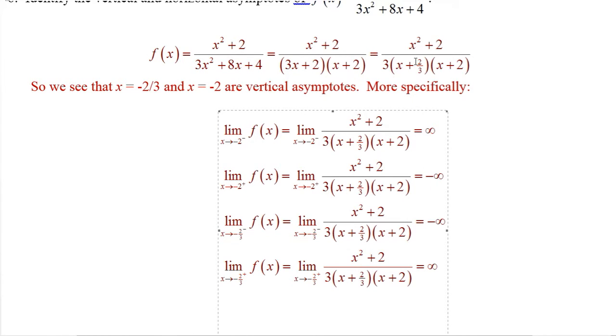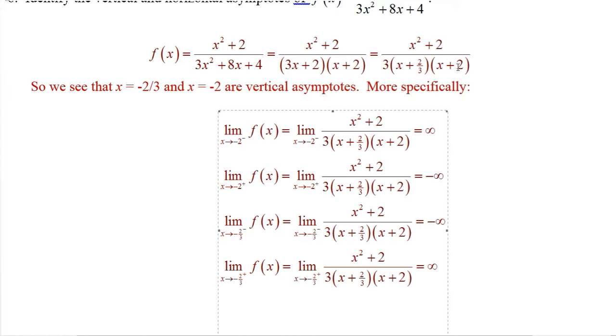We'll see this in the graph as well. If you look at it as you go to -2 from the left side, that factor is still negative. These are still positive. But this one would be negative, like -2.1 here. This would be negative. And the whole thing is positive, so that's going to go to positive infinity. And we could look at -2/3.